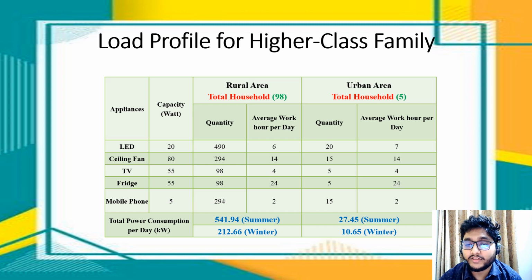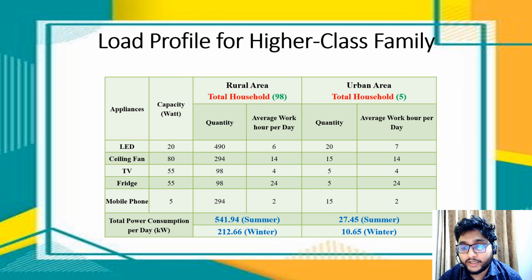Suppose LED is 6, ceiling fan is 14, TV is 4, fridge is 24, and mobile phone is 2. That is how we design. We calculate everything and give it to the HOMER software.